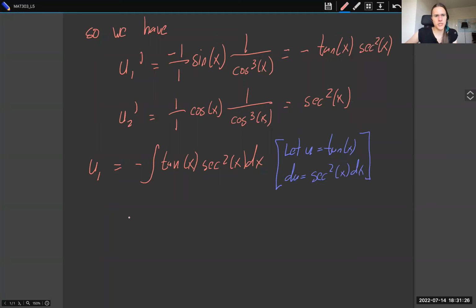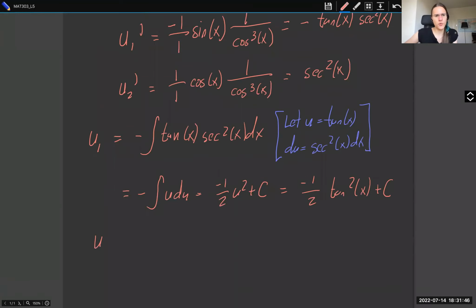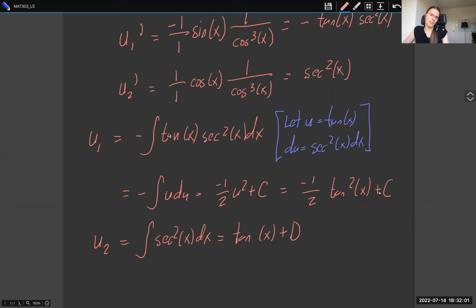So this just becomes negative integral u du, which is negative 1/2 u squared plus c, which is negative 1/2 tan squared x plus c. And u2 is solved by inspection. Secant squared is the derivative of tan. And then I'm going to name my constants C and D.